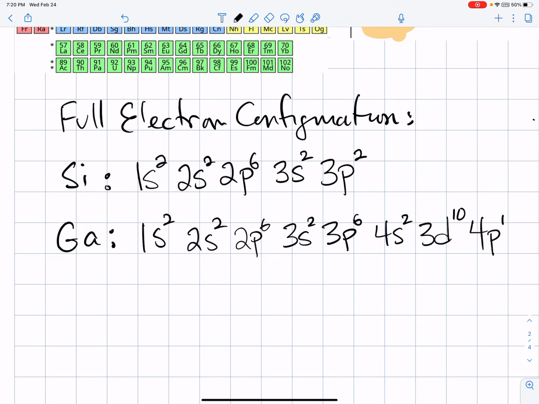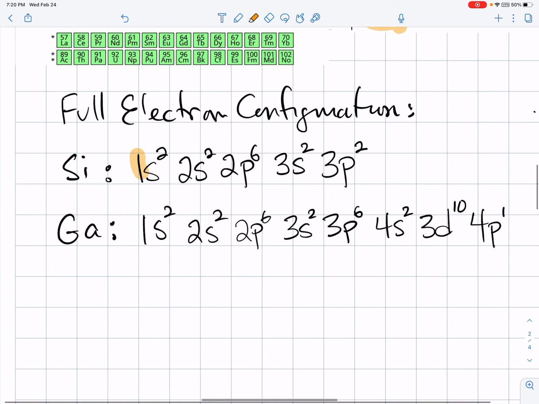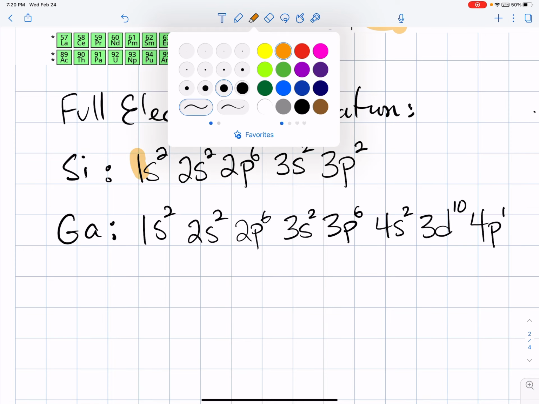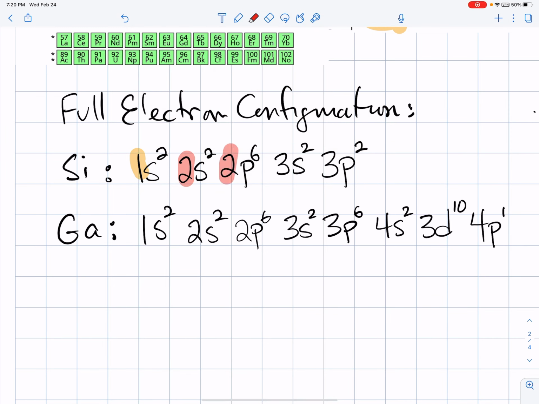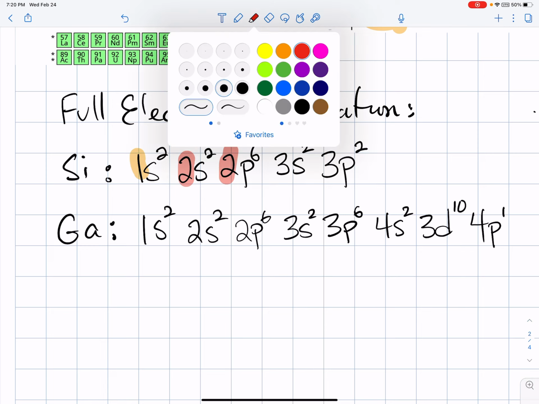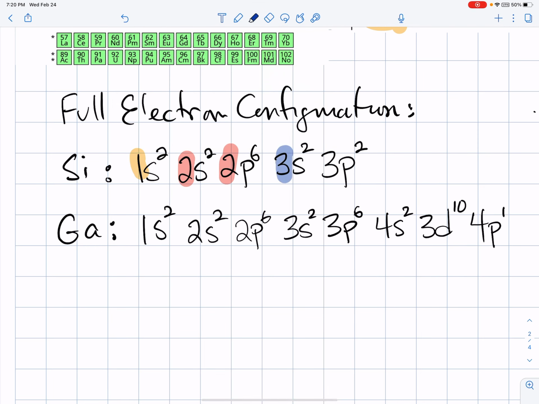Now, notice within those full configurations, you have different energy levels. For silicon, we have energy level 1, we have energy level 2, and then we have energy level 3. Those are the 3 energy levels in silicon.